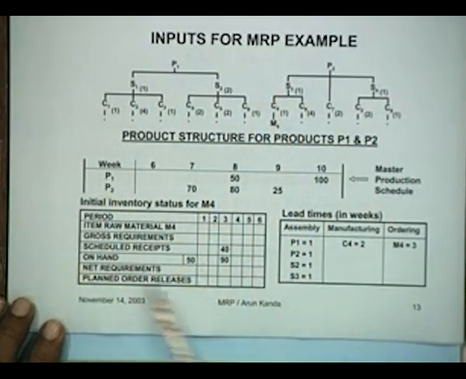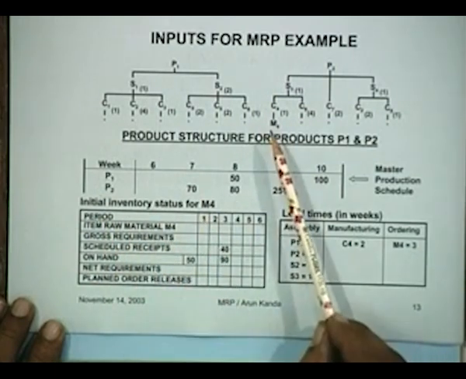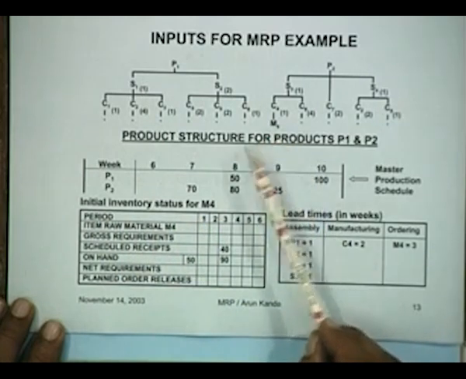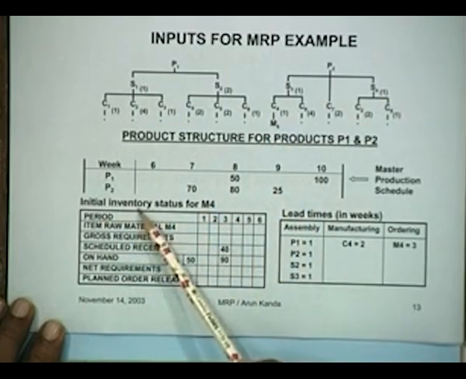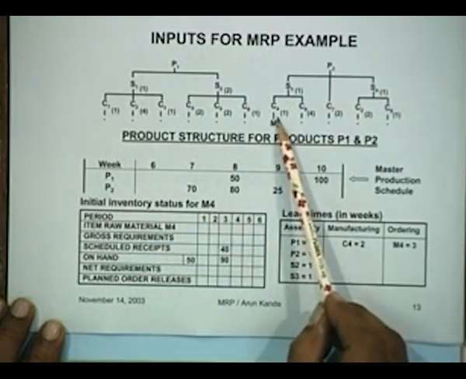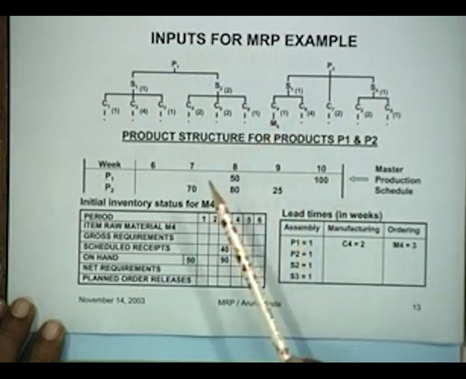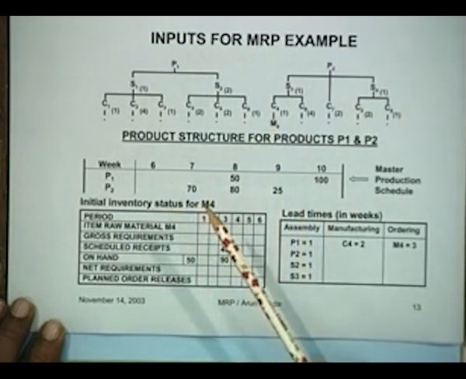The third major input that we have to give is the initial inventory status, and suppose we are talking about various kinds of items. Suppose we are giving the initial inventory status for only M4, which is the item at the bottom of this particular BOM.